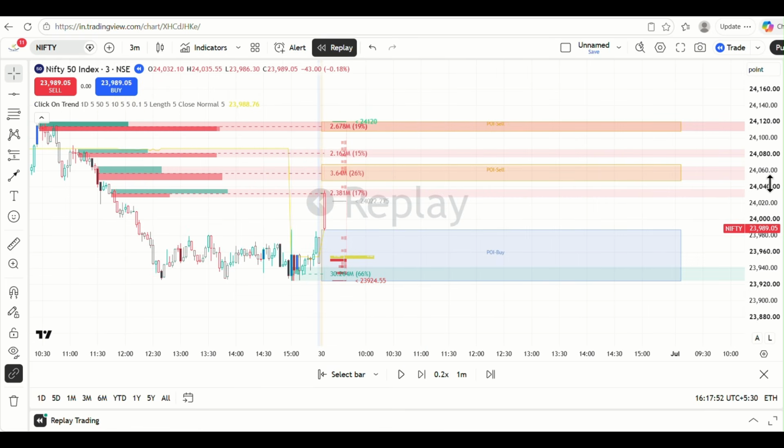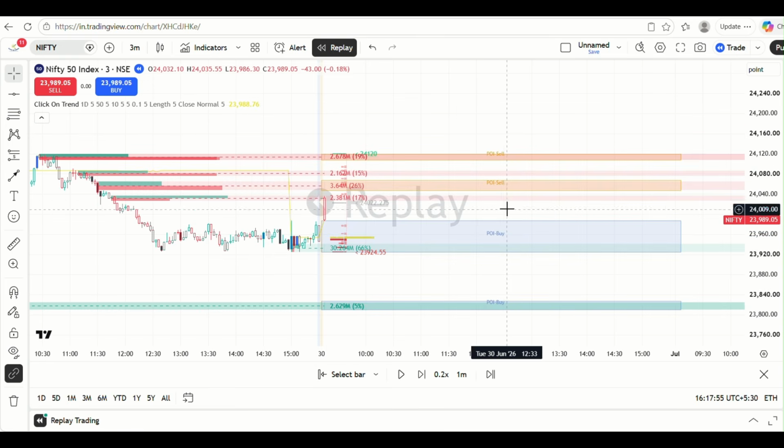Now as the day started, you might be able to see there are two zones: POI sell, POI sell, and then at the bottom POI buy, POI buy. How are these zones created? These zones are created with the trading data of the last 14 to 15 days, where the swing highs, swing lows, order blocks, and other institutional activity zones like VWAP and volumes are all studied, and with their help, these two zones are developed here.